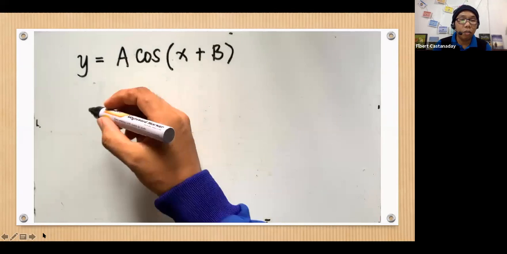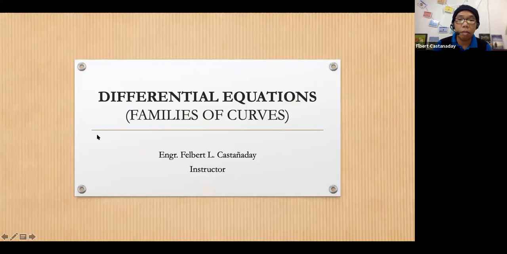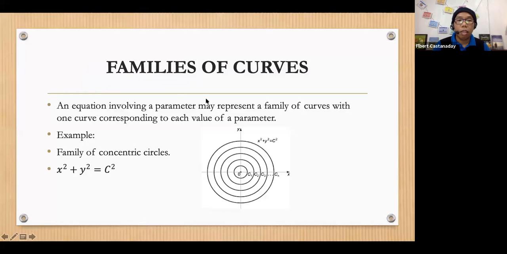Now let's go to the next part ng ating topic for today, and that is the families of curves. The idea for this topic is that an equation involving a parameter may represent a family of curves with one curve corresponding to each value of a parameter.